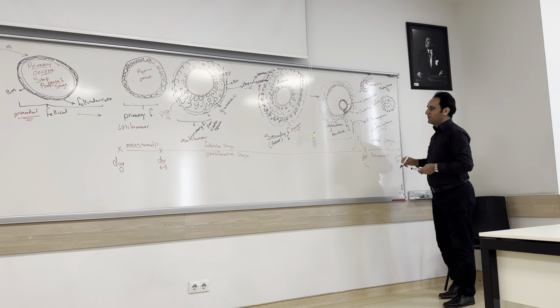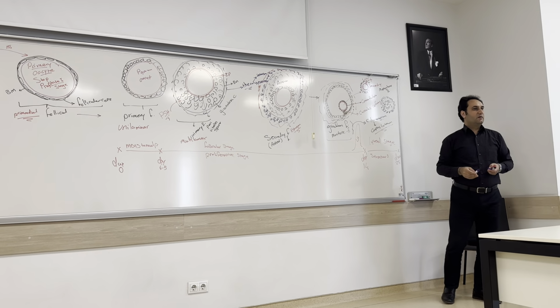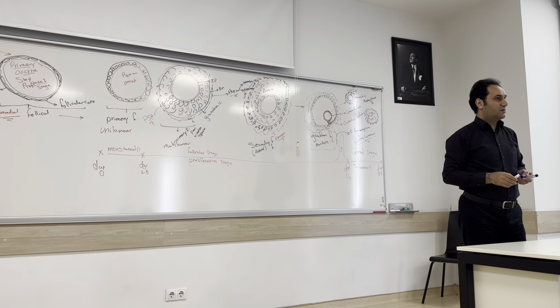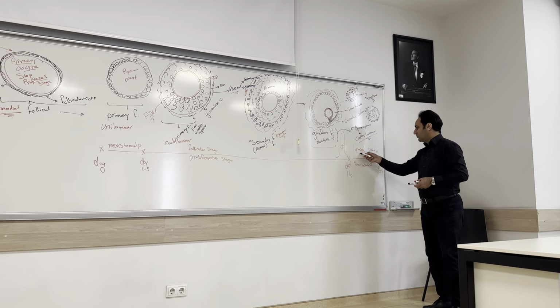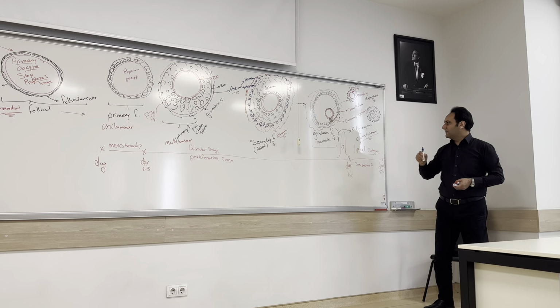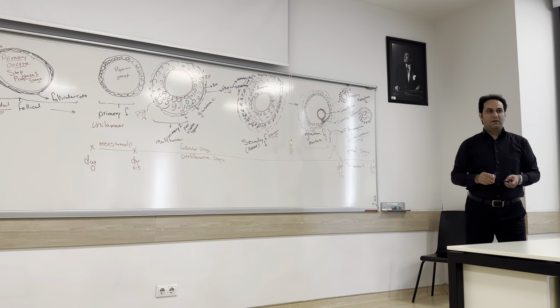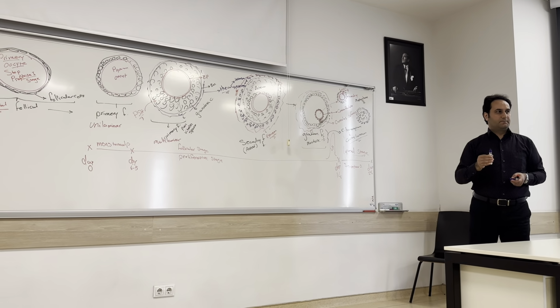In the inner layer, we have granulosa cells, which now change into the luteal granulosa cells or granulosa lutein cells, because these cells are now in the luteal stage. And the theca interna cells change into the theca lutein cells.